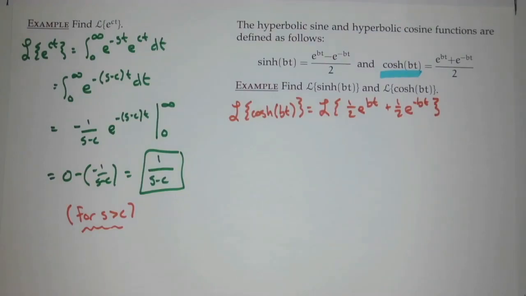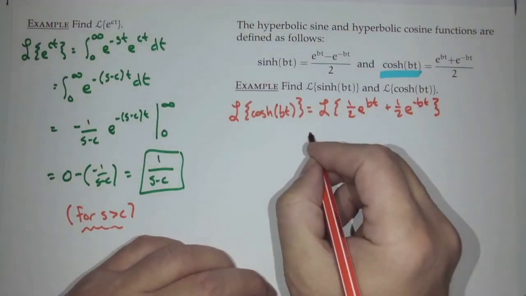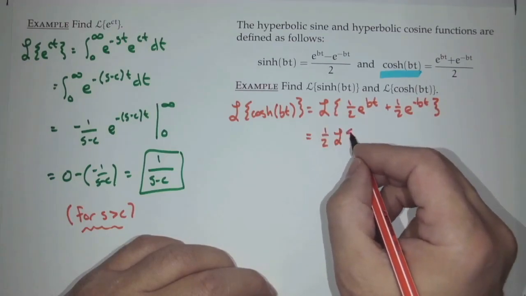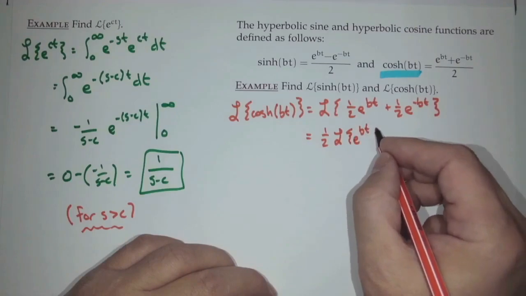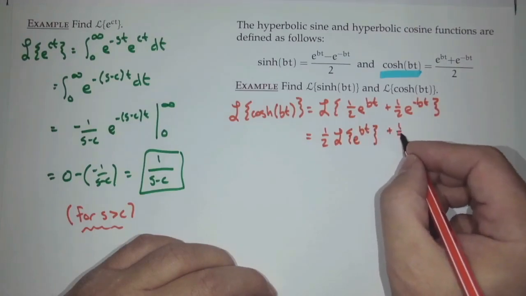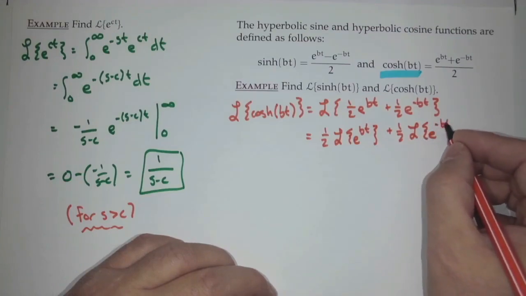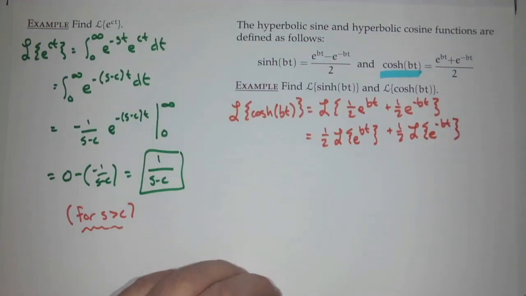Well, what's true about the Laplace transform? It's linear, so we can break it up. So this is 1/2 the Laplace transform of e to the bt plus 1/2 the Laplace transform of e to the minus bt. Now what can we do?